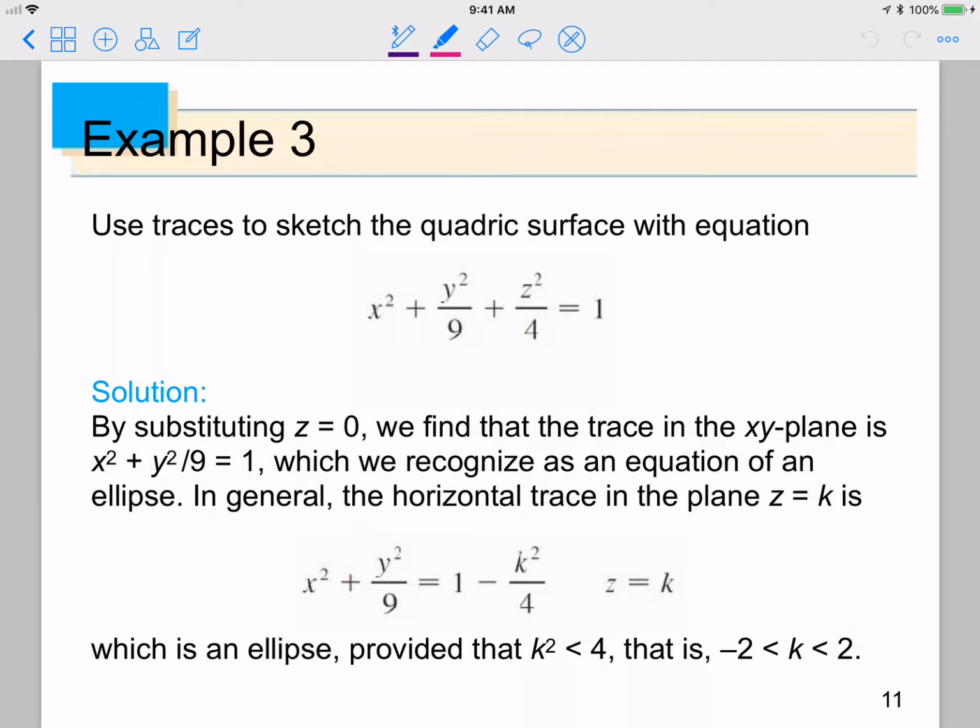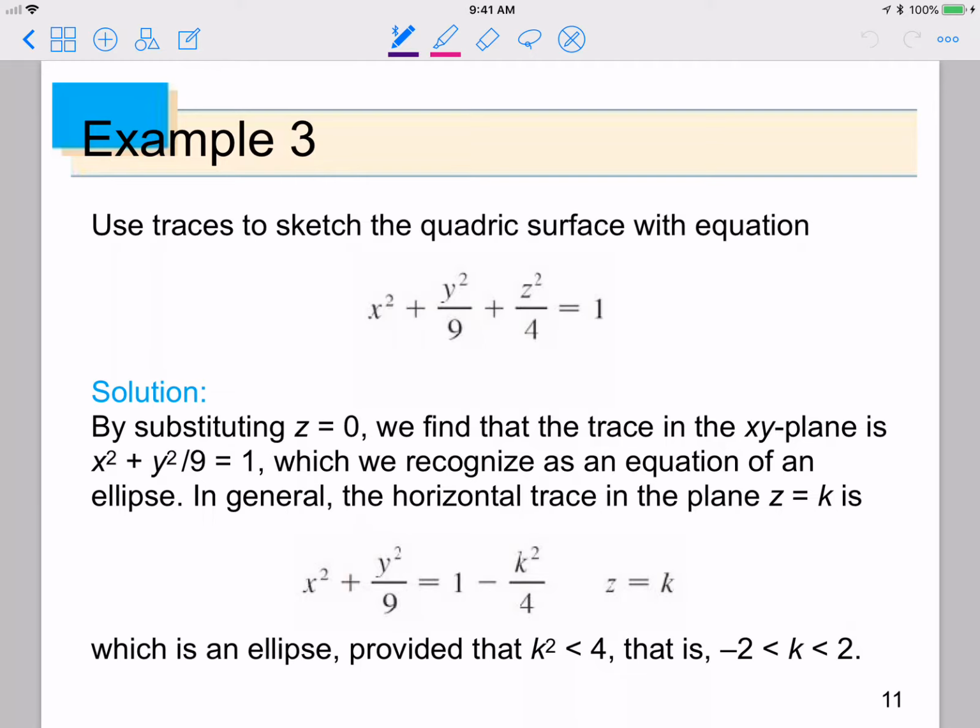Use traces to sketch the quadric surface with equation x squared plus y squared over 9 plus z squared over 4 equals 1. So here's what we do. Basically, you're going to substitute in different values for z. The first thing we're going to do is ask, what happens if z equals 0?